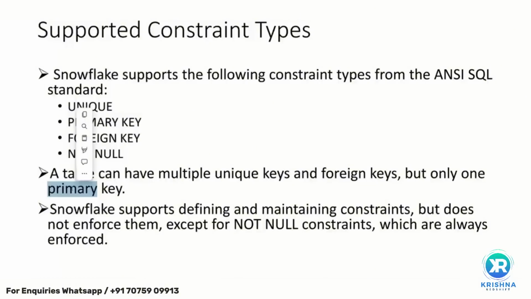So if you are defining a primary key, we have to make sure we are loading unique data. The only thing that is enforced is not null. Not null, it will take care of. For any other constraints, like a primary key, we have to make sure we are inserting only unique values. So that is this point.